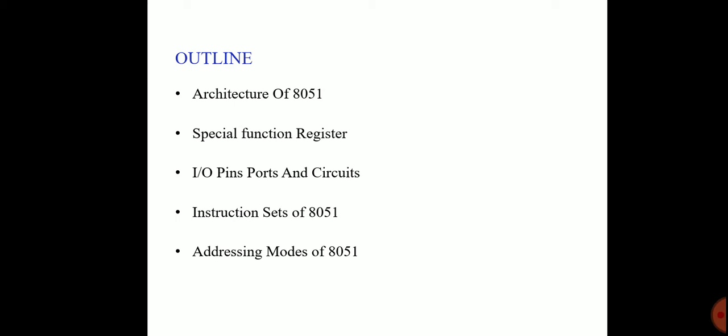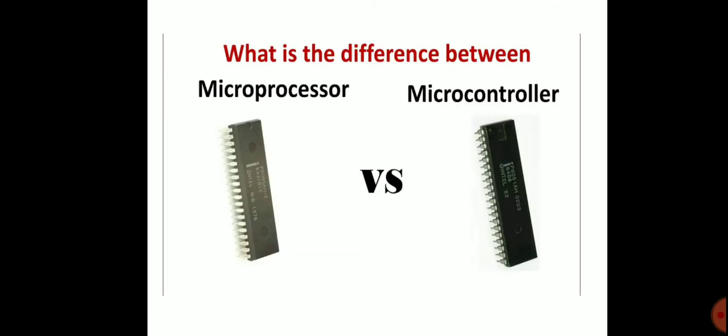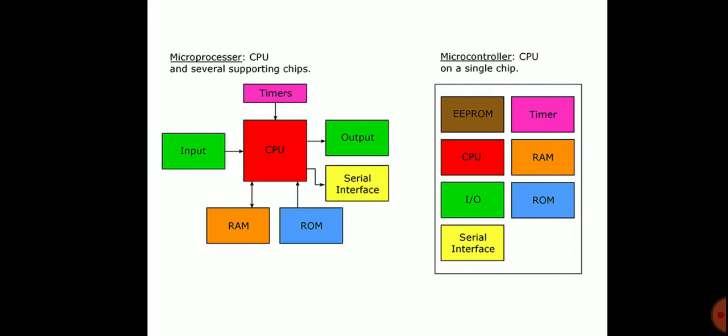First we discuss what a microprocessor is and what a microcontroller is. A microprocessor needs several supporting chips, that is, external interfaces. For example, in the structure of a microprocessor, the CPU is an individual chip, and the timer, input and output ports, serial interfaces and memory are separate devices.